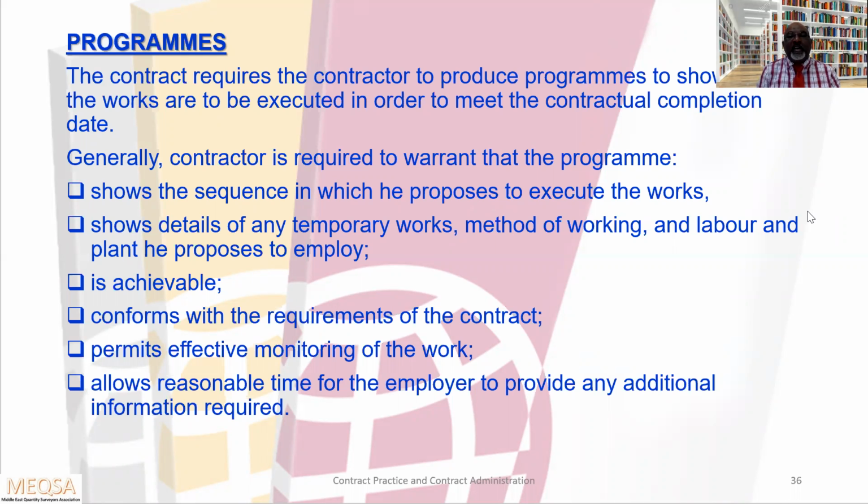Generally, contractors are required to warrant that the program shows the sequence in which he proposes to execute the works, detail of any temporary works, method of working and labor and plant he proposes to employ, is achievable, conforms with the requirement of the contract, permits effective monitoring of the work, and allows reasonable time for the employer to provide any additional information required. These are what contractors are generally required to include in that program.